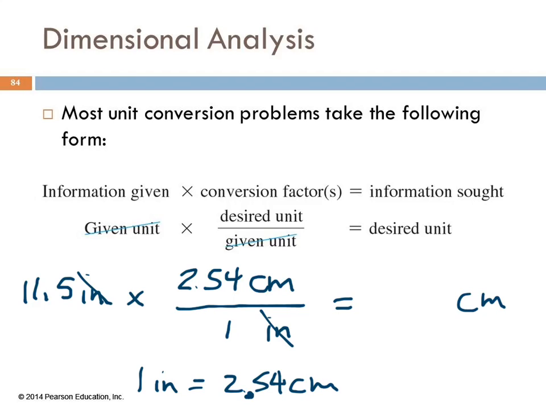And so then we've got 11.5 times 2.54. And my calculator is going to show me 29.21. But now that we've learned about significant figures, how should I report that answer? 29.2.